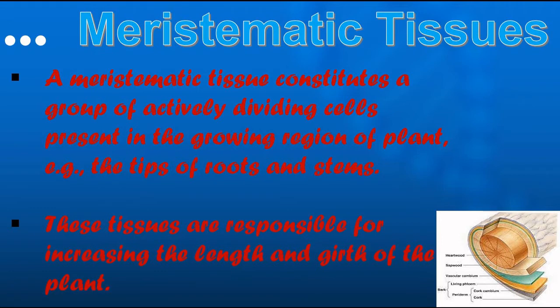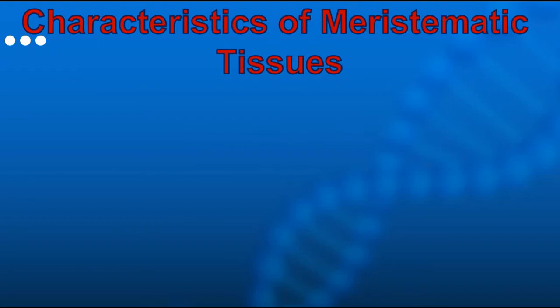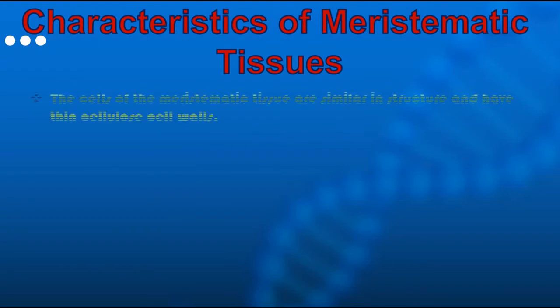These tissues are responsible for increasing the length and girth of the plant. As the plant grows, of course the length grows because the tissues are growing, and even the size of the plant will grow. Now let's have a look at the characteristics of this meristematic tissue.